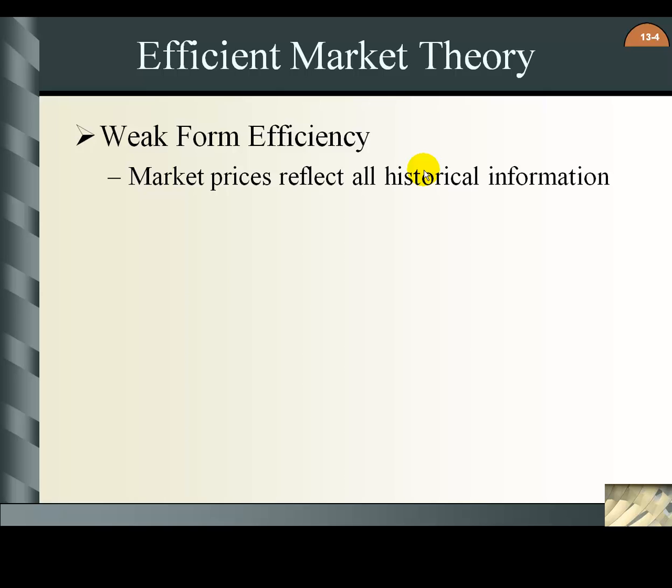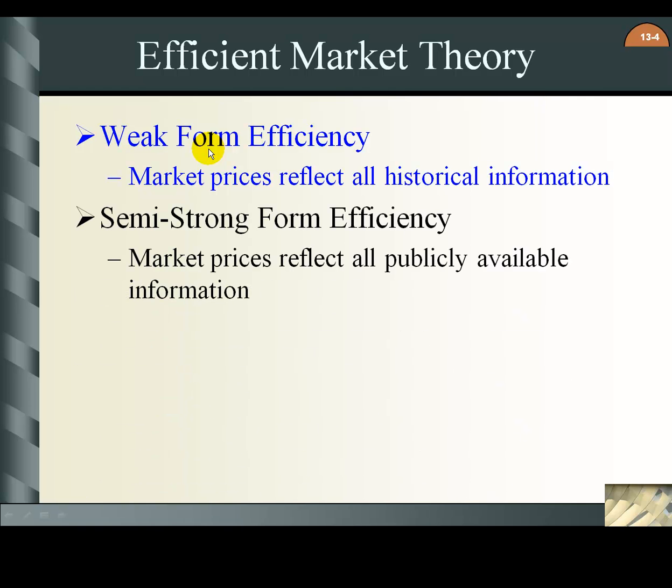So the idea is that anything that has happened to the company in the past must be incorporated into the stock price. Any past information has to be included in the stock price already. So just because you know something that happened in the past doesn't help you generate any extra profit, any extra return. That's what we call the weak form efficiency.